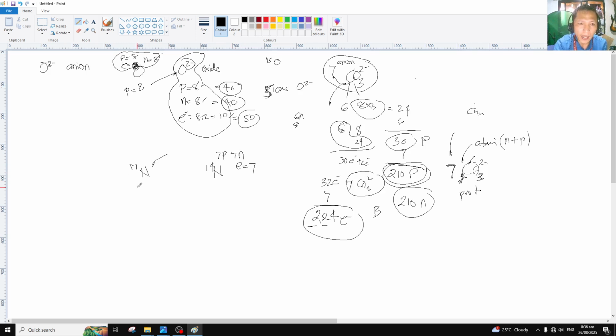But for this one, you would have 7 protons because again the atomic number of nitrogen is 7. For neutrons, you have 17 minus 7, that would be 10.